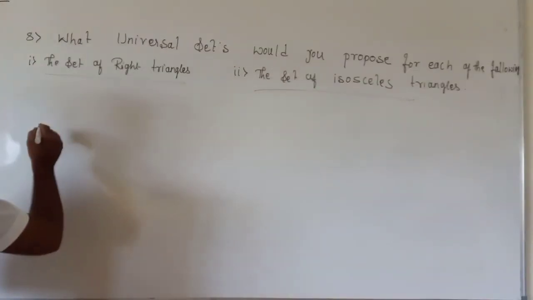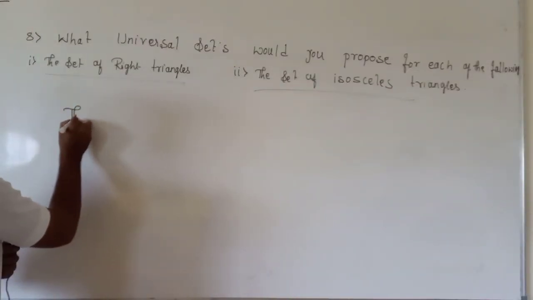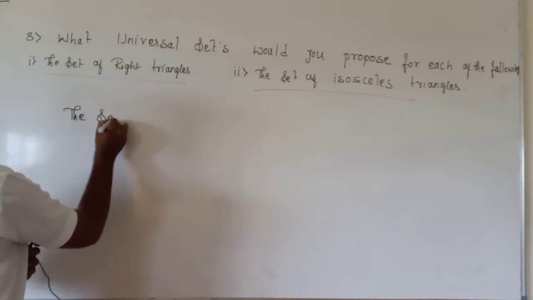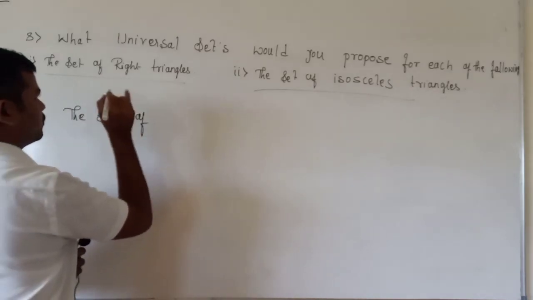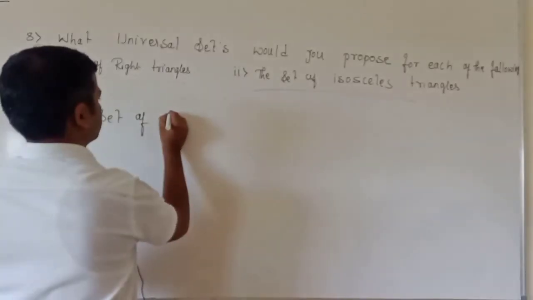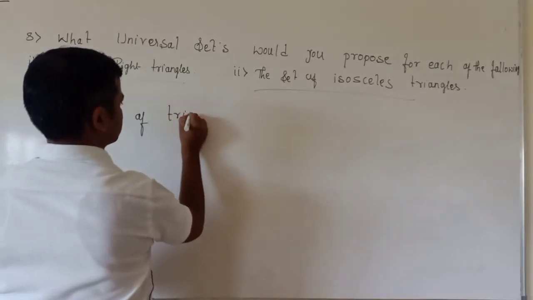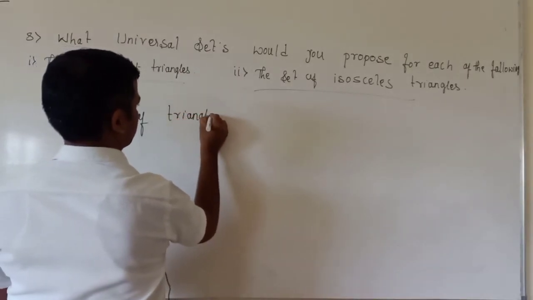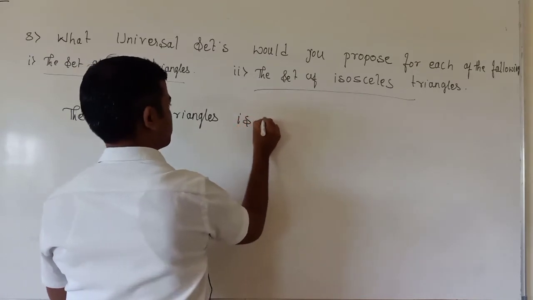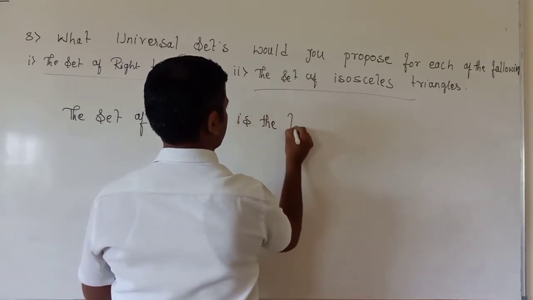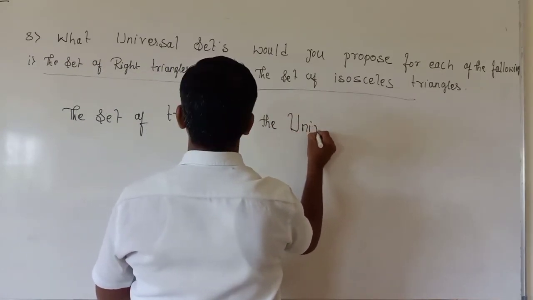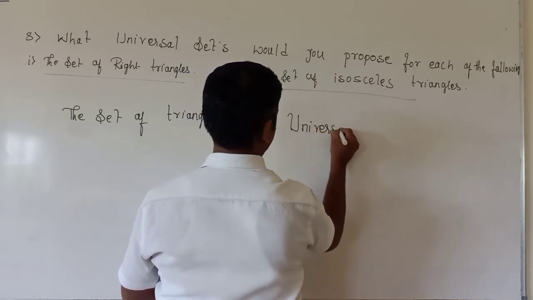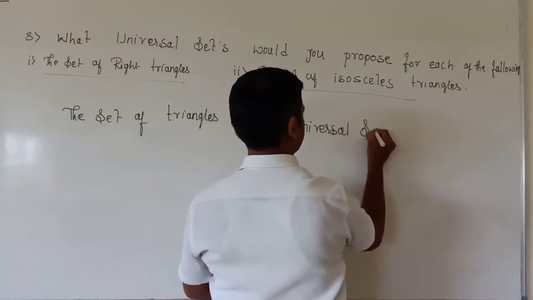So for both of these, the set of triangles is the universal set.